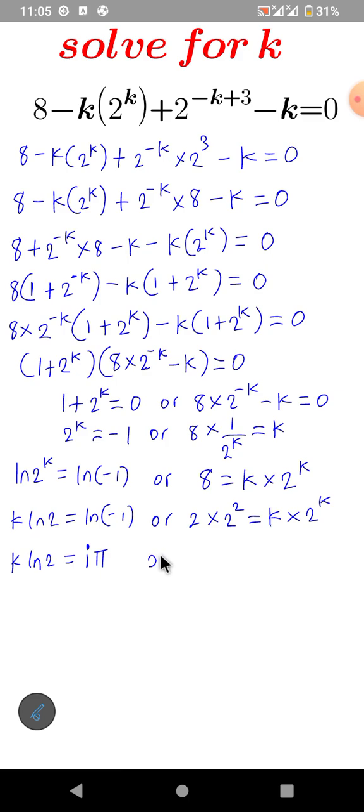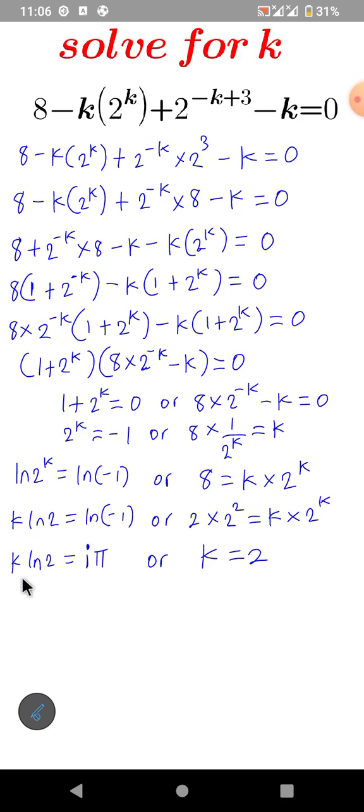Then or now on comparing both the left hand side and right hand side of this expression here, we can simply get our value for k as what? 2. Why? The power here is k, and the power for 2 here is k, and the power for 2 here is what? 2. So we can say k is equal to 2 here. And also this base here is 2, and this is what? k. So k is also equal to 2. So we can simply say that k is equal to 2 here.